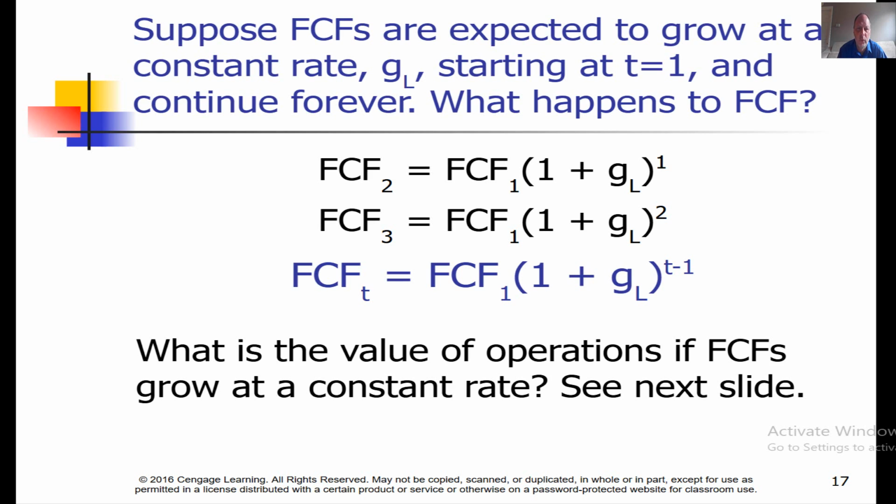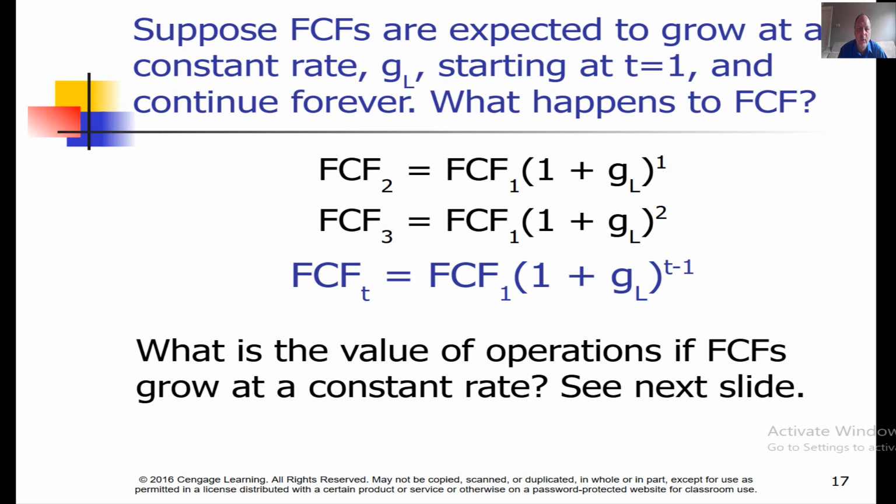Free cash flow 2 will just be free cash flow 1 times 1 plus the growth rate. Free cash flow 3 will be free cash flow 1 times 1 plus the growth rate squared. So we can generalize this and see free cash flow at time t is free cash flow at time 1 times 1 plus the growth rate to the t minus 1.